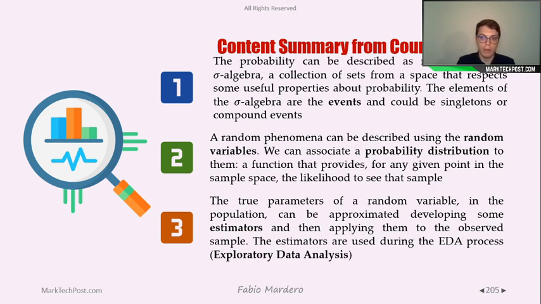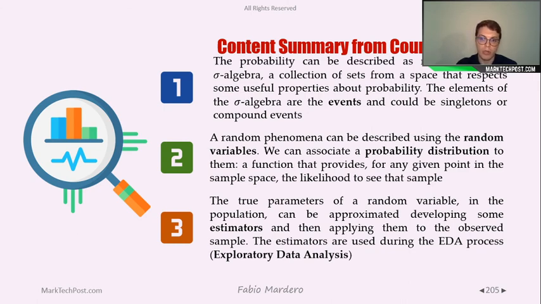Random variables, and in particular their probability distributions, could have some parameters in them. And there are true parameters in the population, in the sample space, but we can almost always not access that population. We have just a smaller subset, the observed sample.